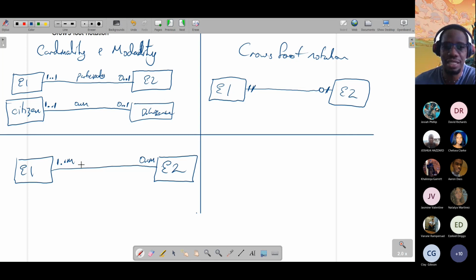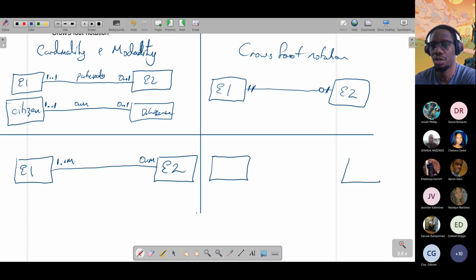If we have to represent an instance of this relationship happening as crow's-foot notation, this is where the name crow's-foot comes in. A many relationship in crow's-foot is represented as such. That little foot here, right?